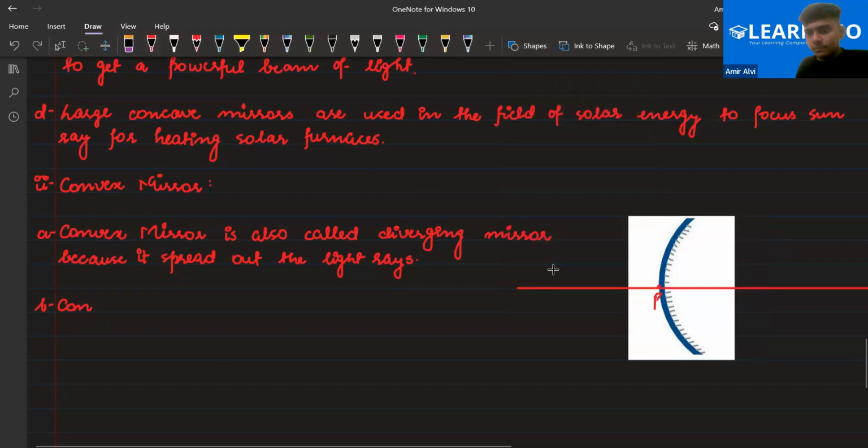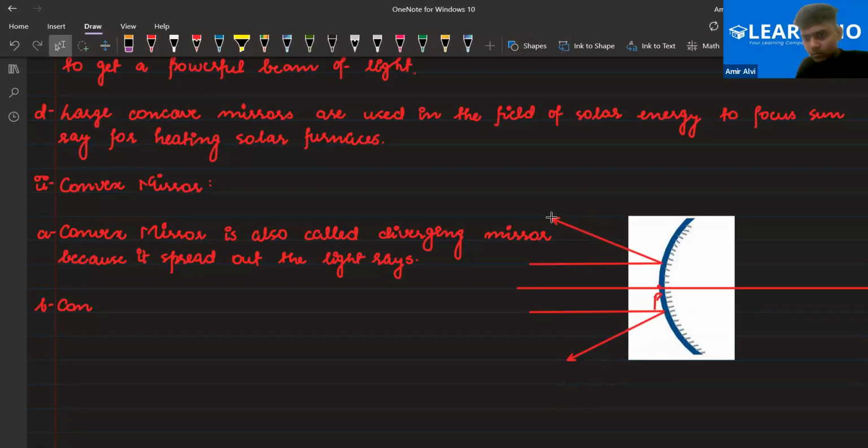If the light rays are parallel, it will basically spread out like this. As you can see, they're not actually meeting because they're spreading out.